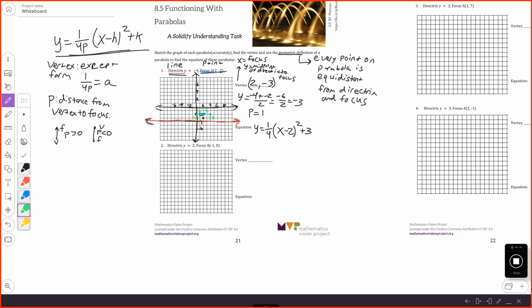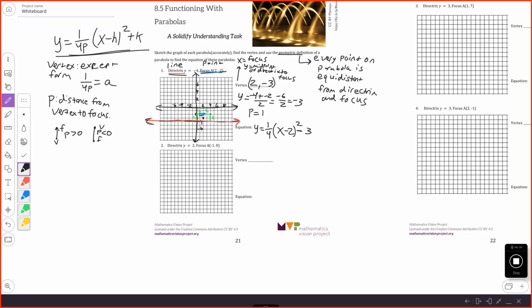Also, if you plug in 4, 4 minus 2 is 2, 2 squared is 4, 4 divided by 4 is 1, 1 minus 3 is negative 2.